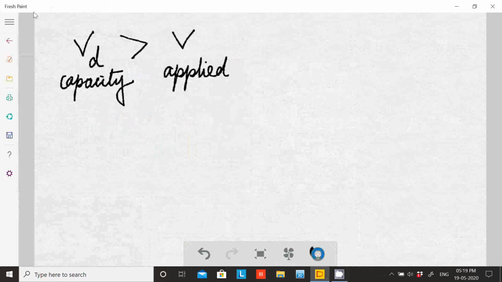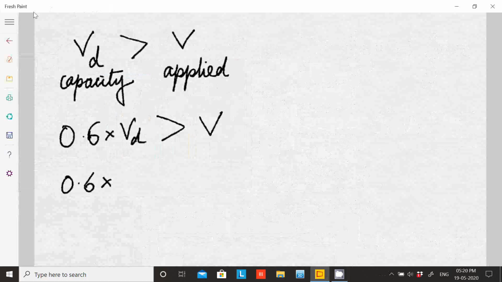We should also see that even 0.6 of Vd should be greater than V. That means 60% of the capacity should also be greater than the applied force. So what is the 60% of Vd? 0.6 of Vd is 340, and we see that it is greater than 151.83.